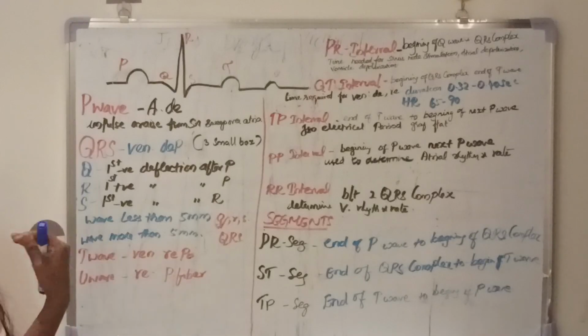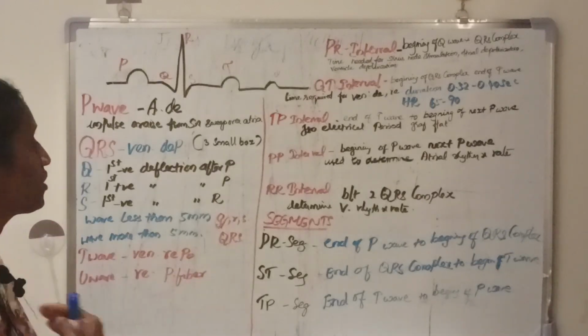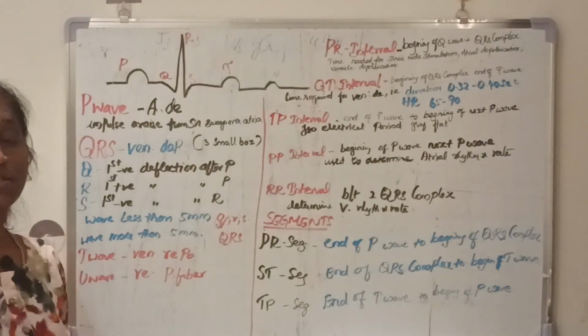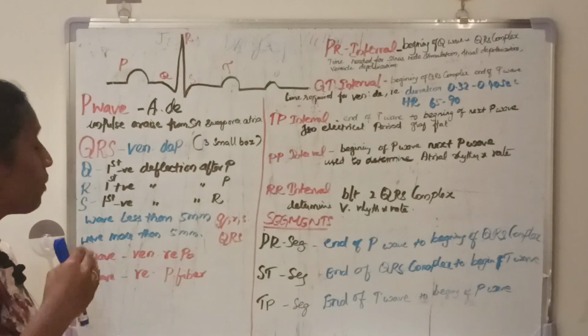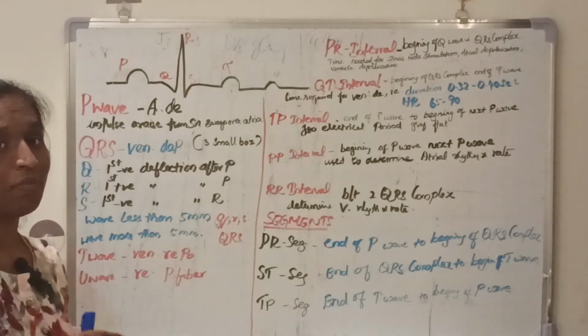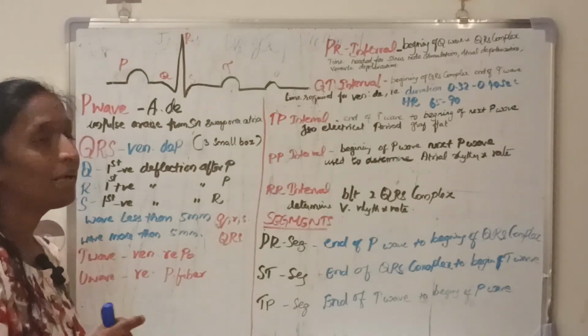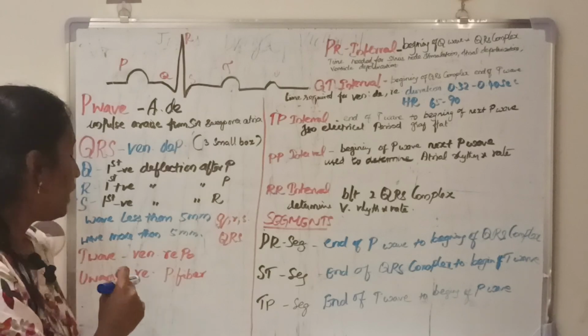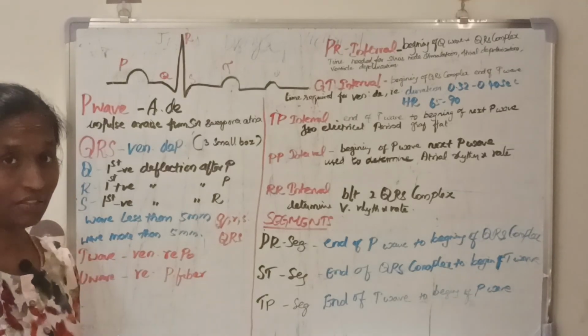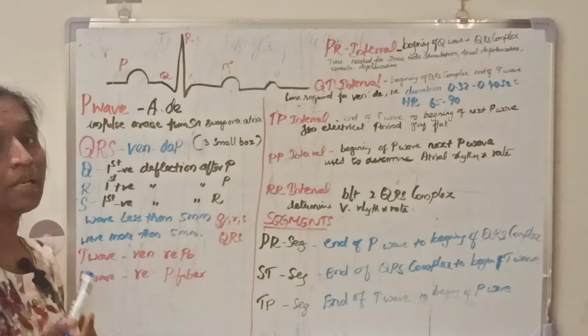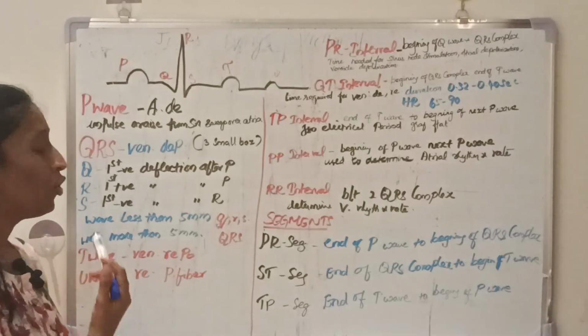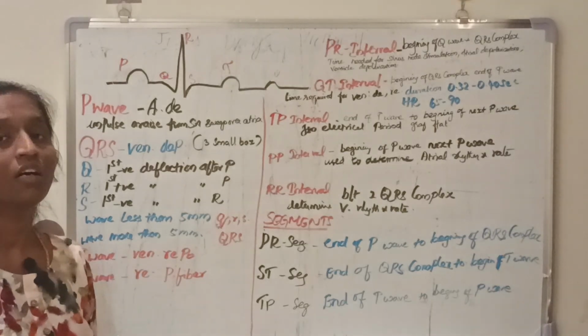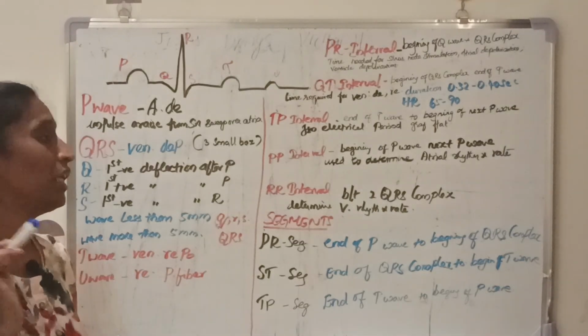And a wave which is less than 5 mm, we represent as a small letter q or s. A wave more than 5 mm, we represent as a capital letter Q or S. Understand? And then the T wave represents the ventricular repolarization, and the U wave represents the repolarization of the Purkinje fiber.